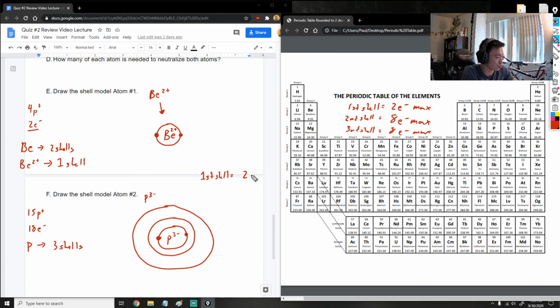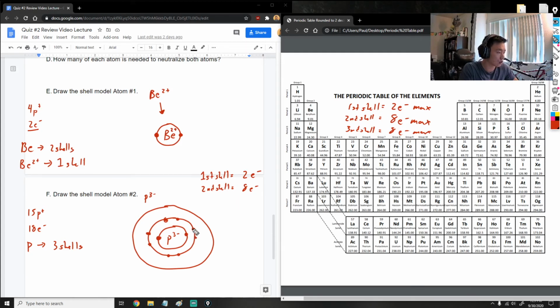So we drew 2 electrons, and we filled up the first shell, so now we can move on to the second shell. The second shell we have 1, 2, 3, 4, 5, 6, 7, 8. So on the second shell, we drew 8 electrons, and that maxed it out. So we've used 2 and 8, so we've used 10.